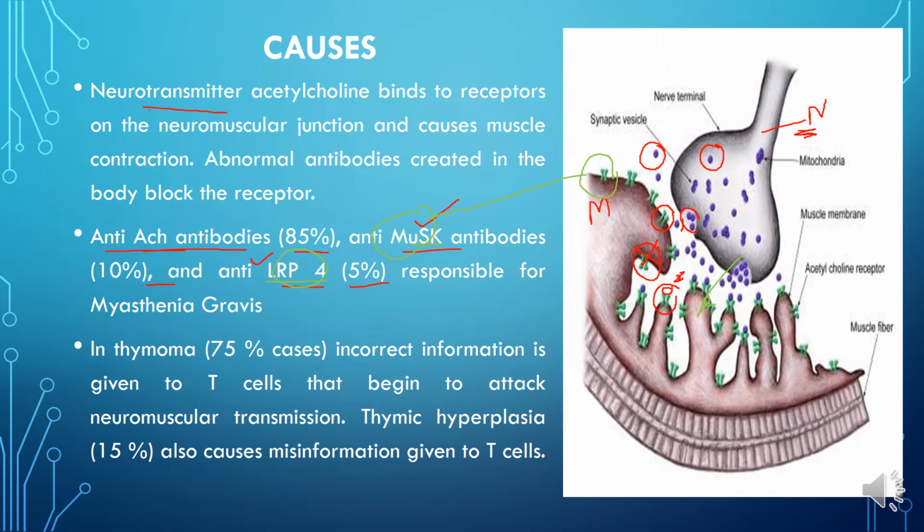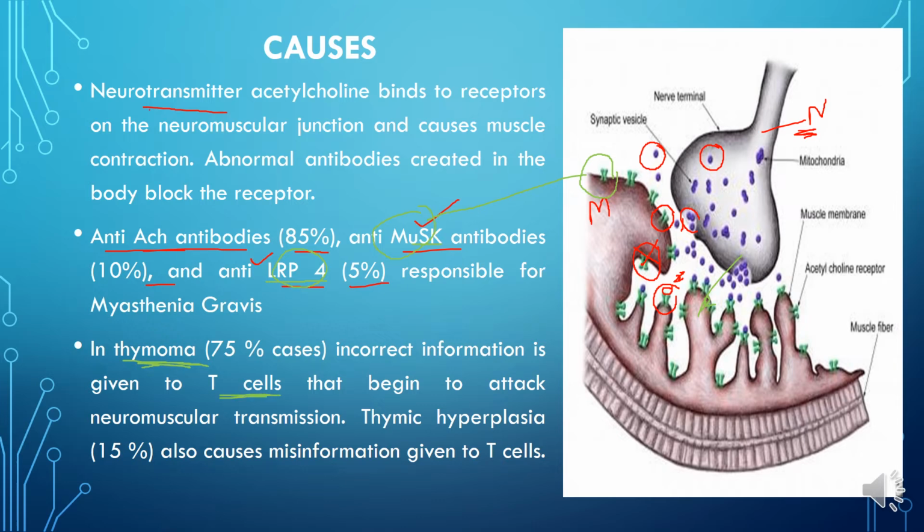Also, apart from these antibodies, there is one more problem involving the thymus gland. We know that the thymus gland is in the mediastinum, that is, in the chest, in between the two lungs. Cancer of this thymus gland is sometimes responsible for abnormal misinformation of the T cells.